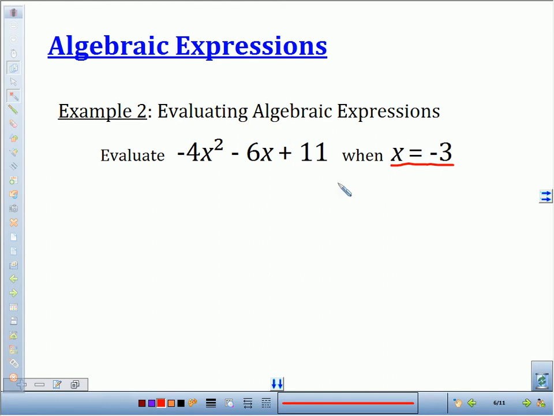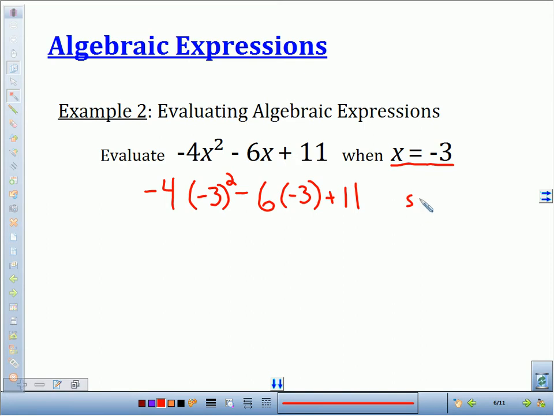All right, we want to substitute. We have -4. I'm substituting -3 in for x. Nothing else has changed. It's still -4 times -3 squared minus 6 times -3. Again, nothing else has changed. It's still minus 6 times, but now instead of x I have -3 plus 11.